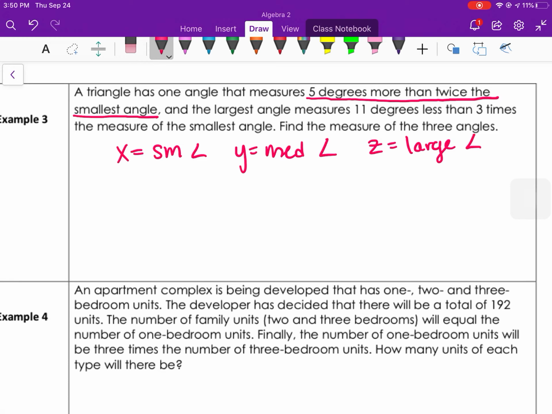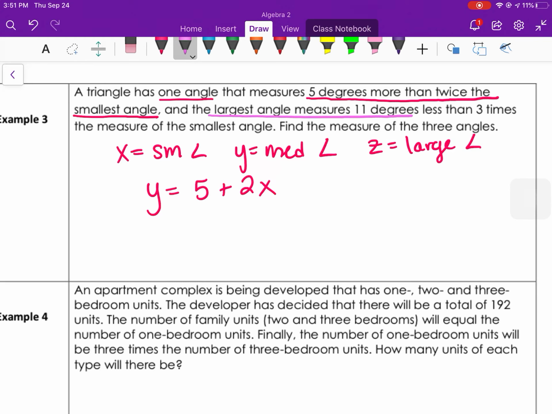It doesn't tell me that it's the large angle or small angle, it just says one angle. So that's our medium angle. And the medium angle measures 5 degrees more, so that's 5 plus twice the smallest angle, 2 times x.